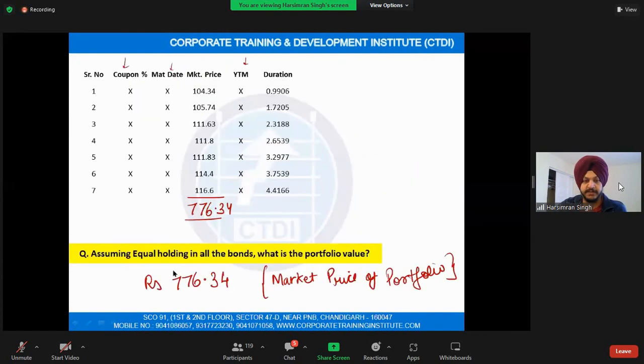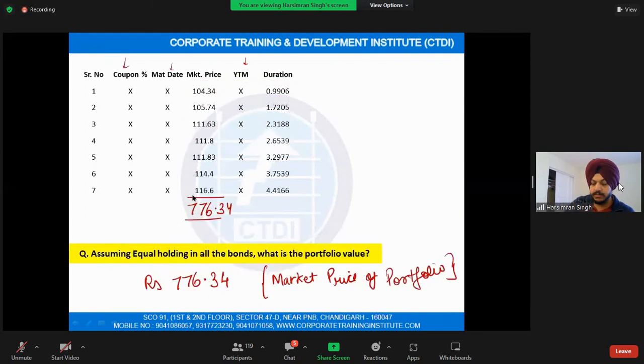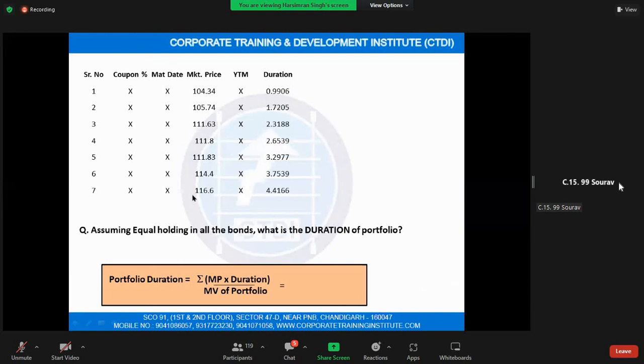But if he asks for the duration of a portfolio, then the formula is the market price into the duration of the single bond, and add them. So basically this multiplied by this plus this multiplied by this, and so on. You add all these; that comes in the numerator, divided by the market value of the portfolio. The market value of the portfolio, which we've done on this page, is 776.34.